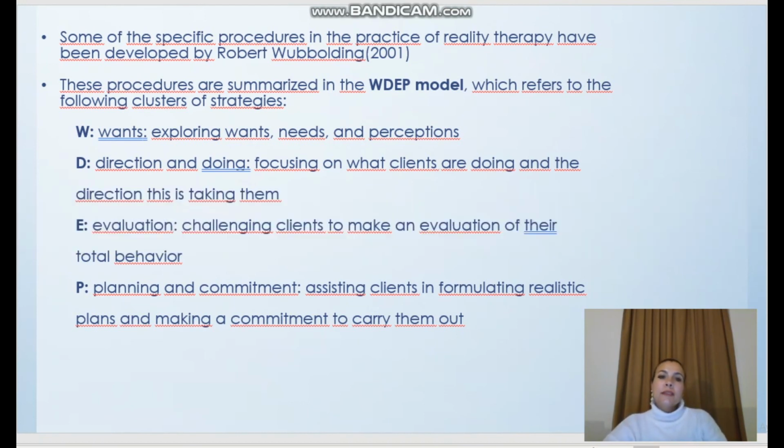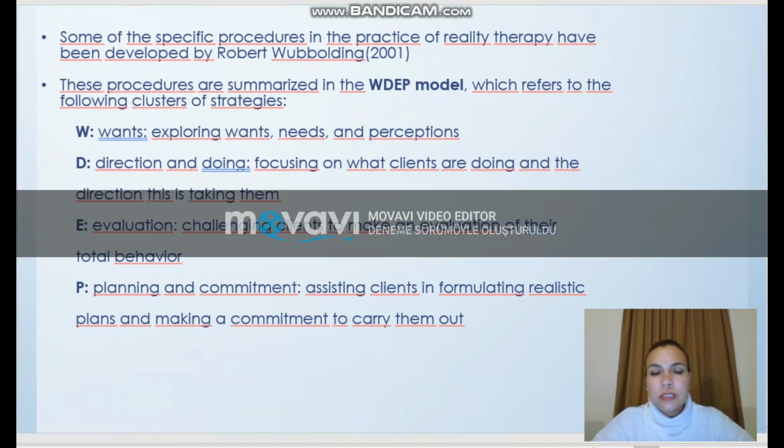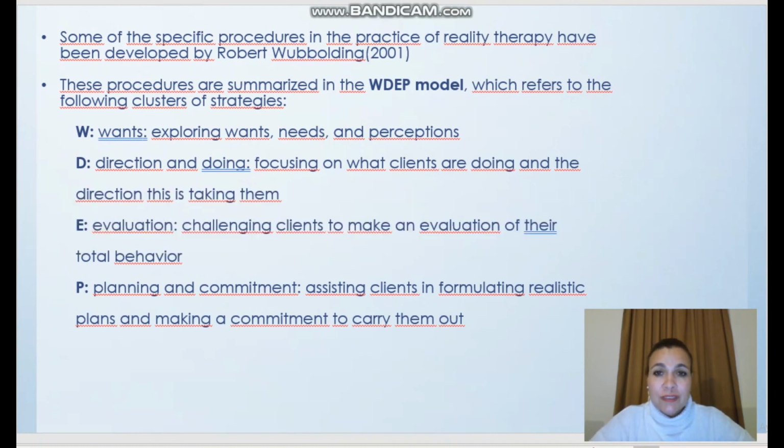There are some procedures that are utilized in reality therapy. We have the WDEP model, and this refers to the following clusters of strategies. W refers to wants, which means exploring wants, needs, and perceptions of the group members. D refers to direction and doing.